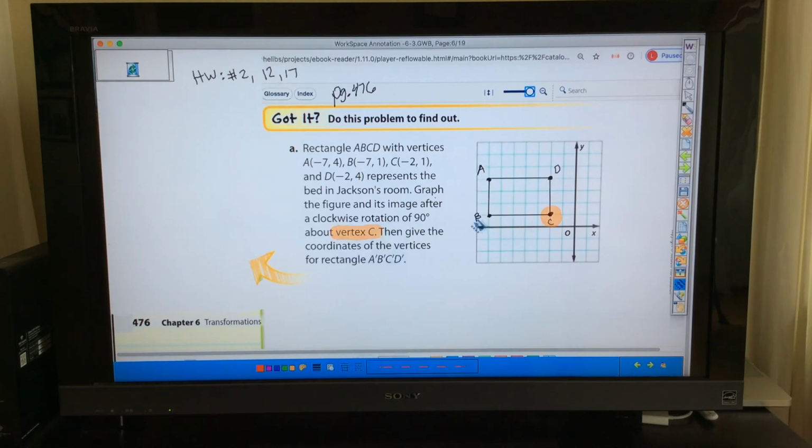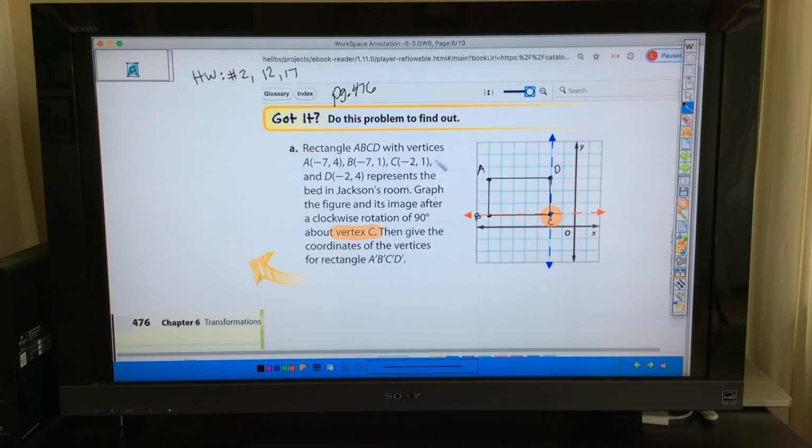Here we go. Okay, so here's my new X-axis, and my new Y-axis is going to go vertically through C. The X-axis is going to go horizontally through C. So you're going to have to kind of ignore the original axis that's here, and I'm going to treat this point here as my new origin.